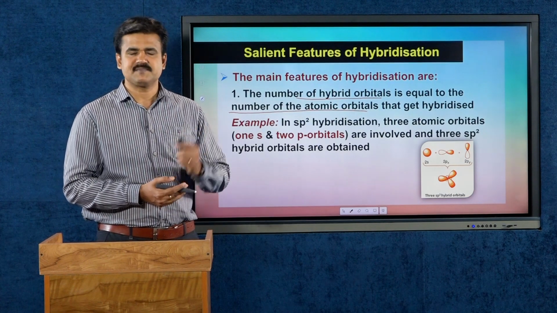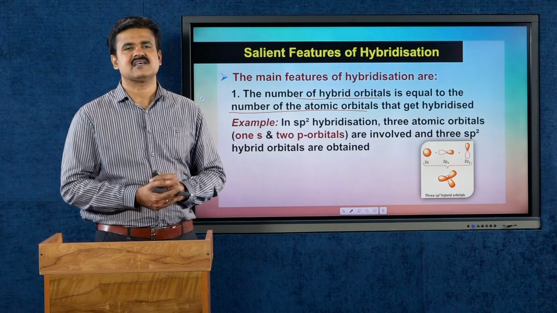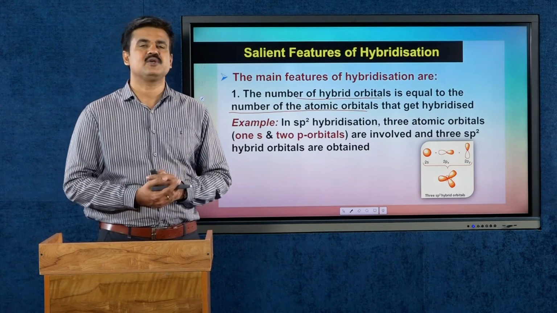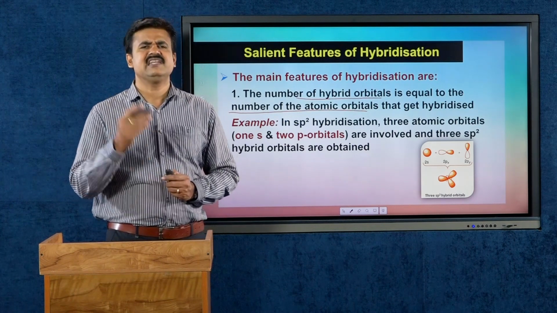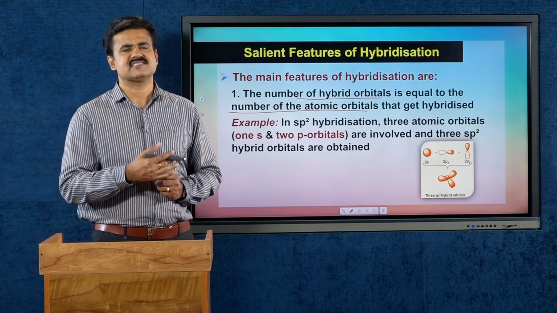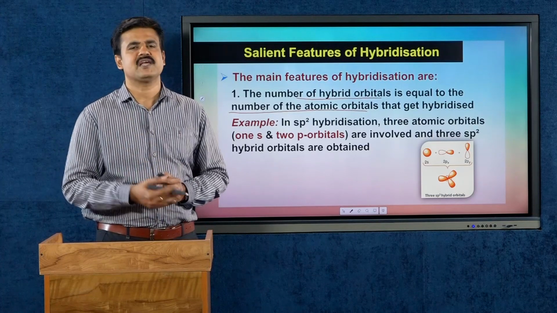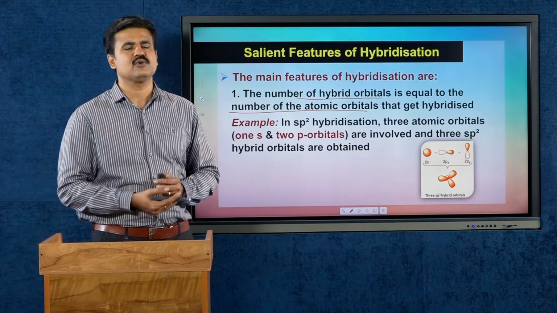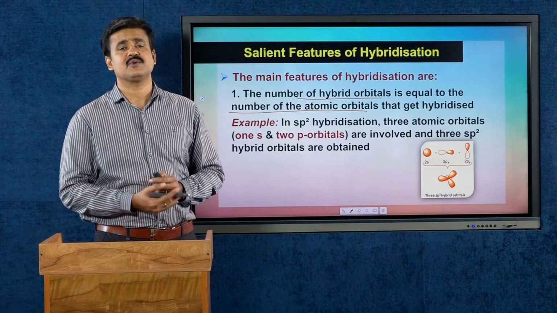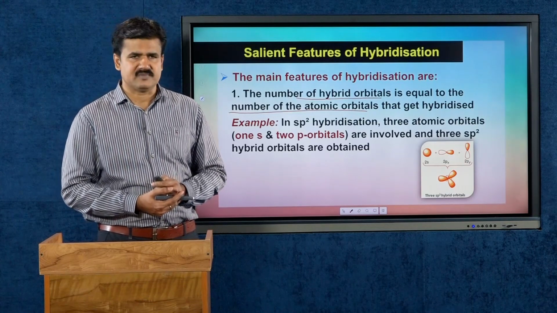So, in sp2 hybridization, three orbitals are participating and three sp2 hybrid orbitals are obtained. In every other case, you can apply the same condition. For instance, in the simplest hybridization, that is sp hybridization, one s orbital and one p orbital take part in hybridization, and as a result you get two sp hybrid orbitals.